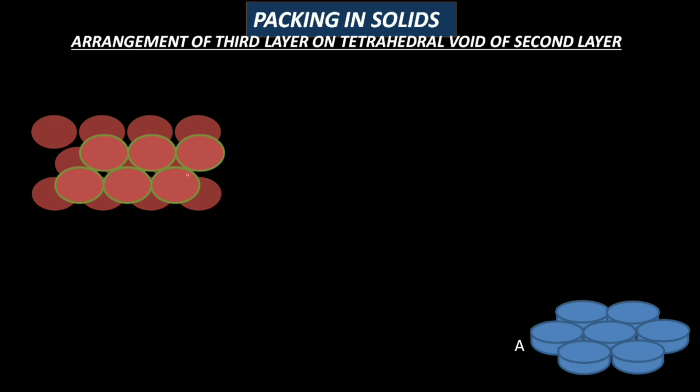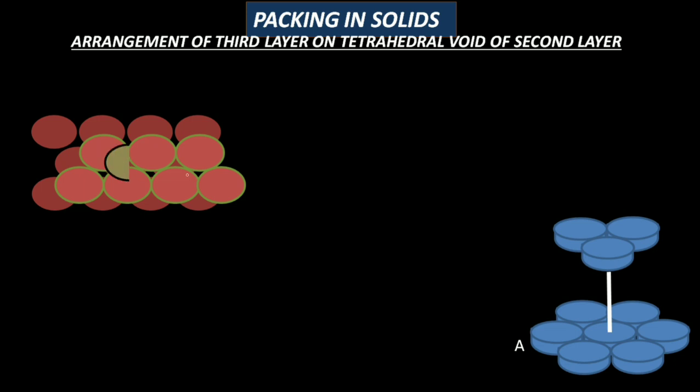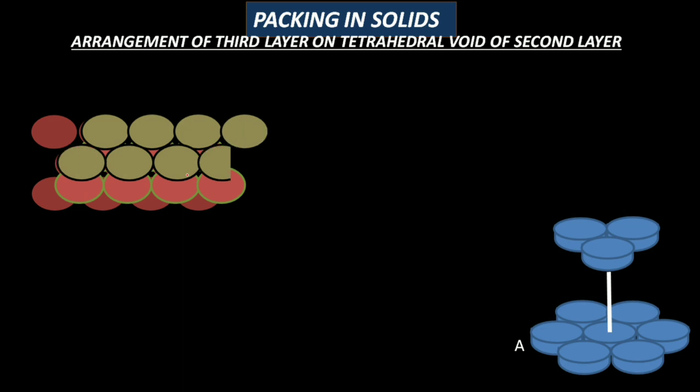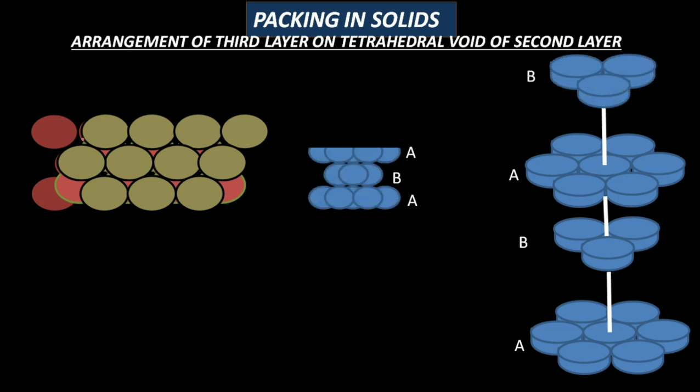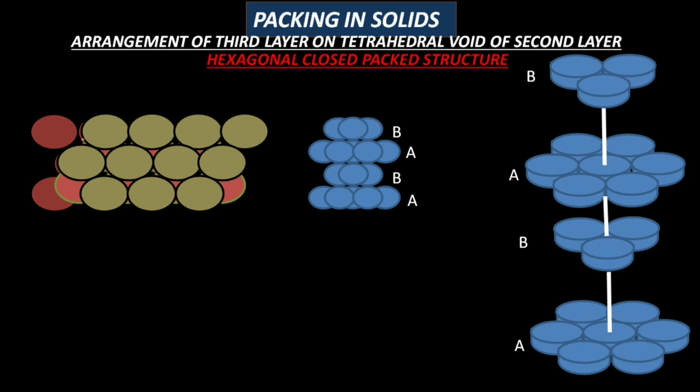Now the third layer is kept similar to the first layer, so that you can see only one type of tetrahedral voids is covered. Similar to the first layer, you can see the color difference. This is called AB type of arrangement, which leads to hexagonal close packing.